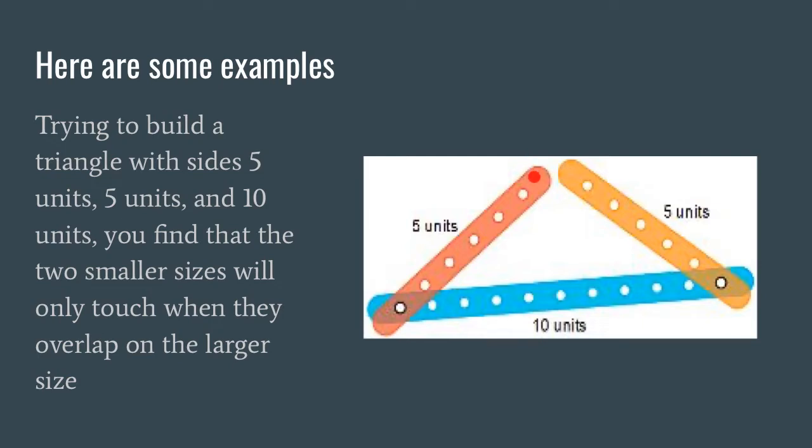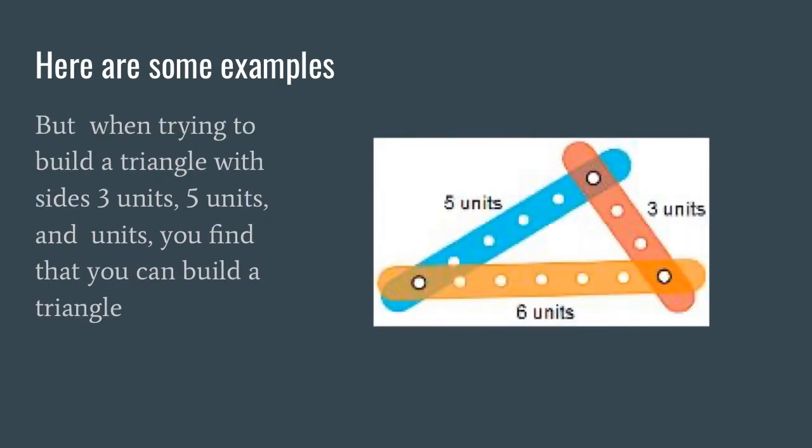So if you were to pull this down and pull this down, they would meet right here, and that would not form a triangle. But when you're trying to build a triangle with, say, a 3 unit long side, a 5 unit long side, and a 6 unit long side, then you can connect them. You will have 3 vertices or 3 corners, and that will make a triangle.